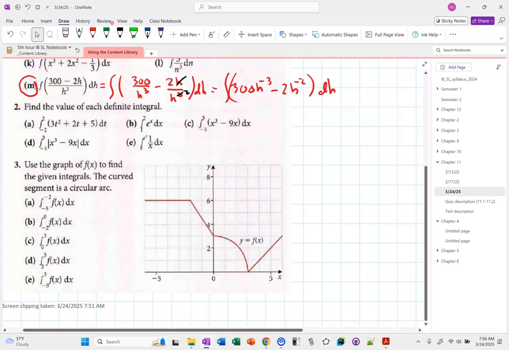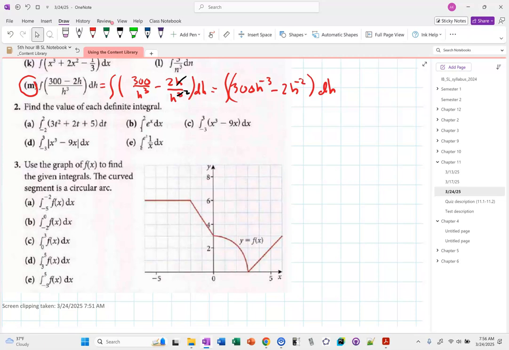What about problem 2? Yeah. And in fact, there's a couple on here that you guys have no idea how to do by hand, and you'd have to do it on your calculator.